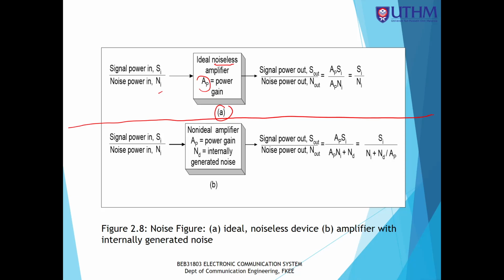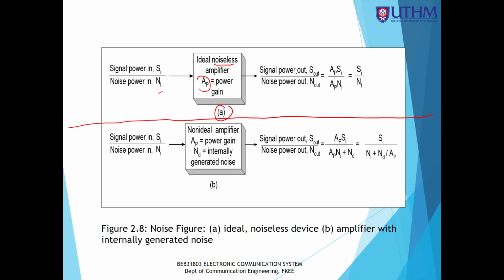Dia tidak menghasilkan additional noise di dalam amplifier itu. So that means the noise is not from the amplifier, it is from the outside. The amplifier does not produce additional noise, it only consists of gain.